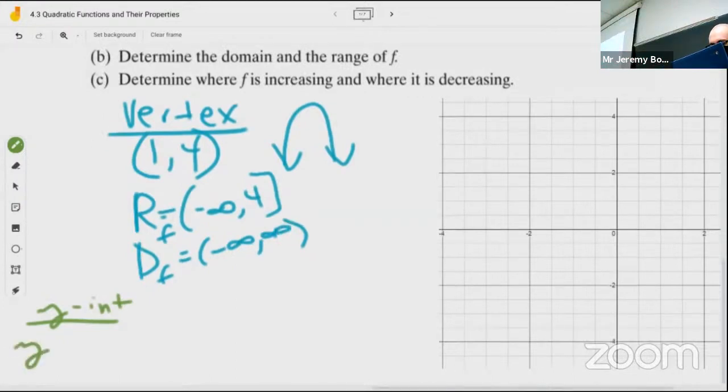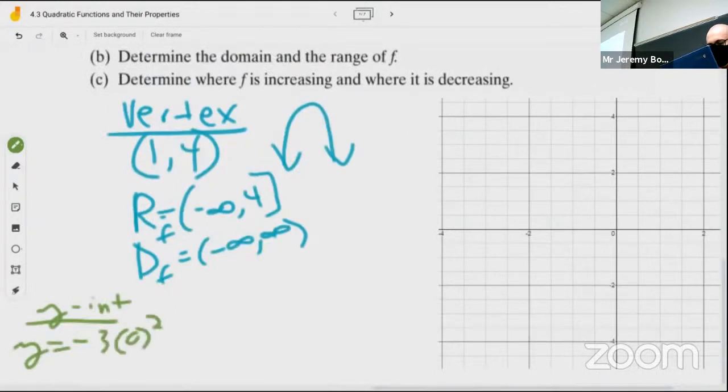We'll put a 0 for x. So we'll have negative 3 times 0 squared plus 6 times 0 plus 1. And you end up getting 1. So that means my y-intercept is 0, 1.